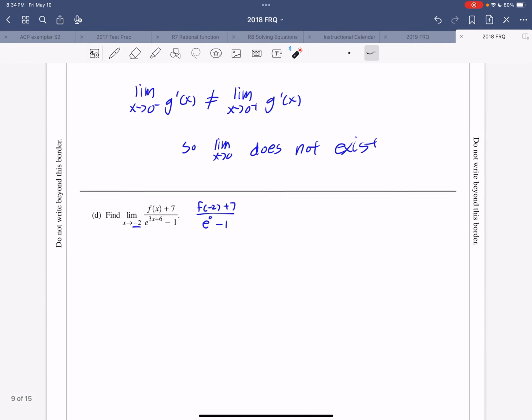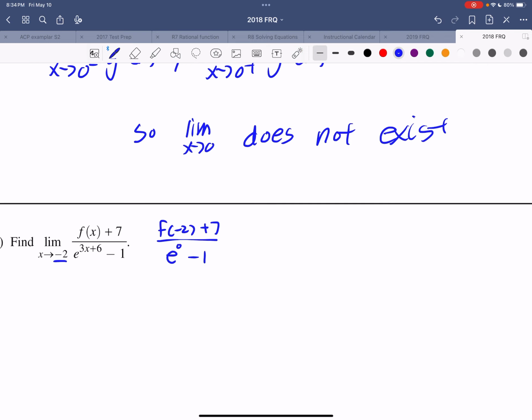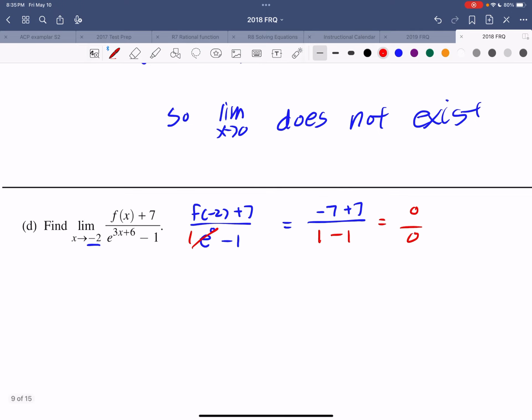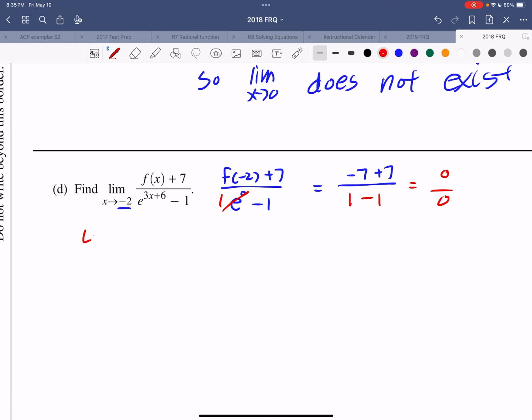But here, so this one is going to be the same thing as negative 7 plus 7 e to the 0, which is going to be 1, so it's 1 minus 1, which is equal to 0 over 0. So do you see this one cannot be happening? So what you're going to do is L'Hopital's rule, which means the limit as x approaches negative 2. You're going to differentiate this one.